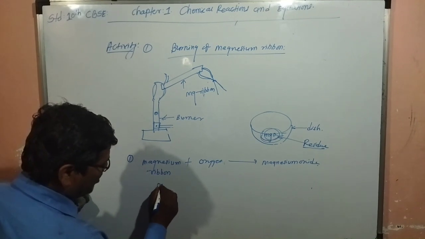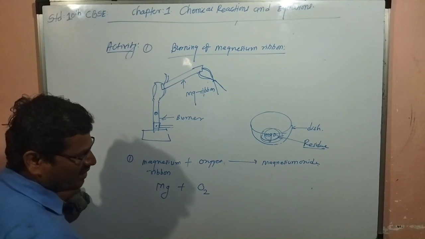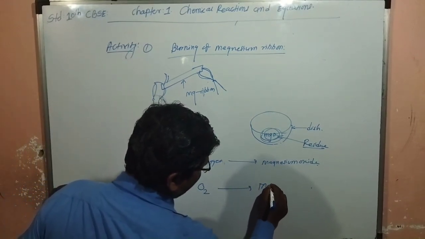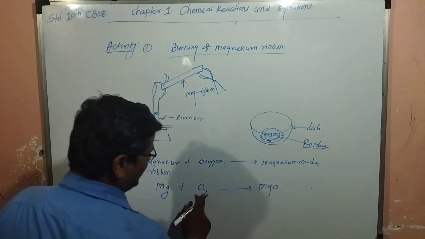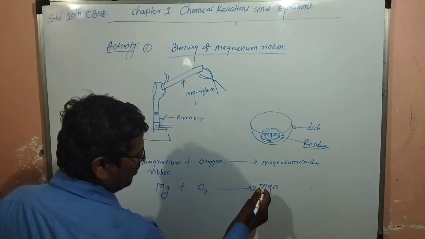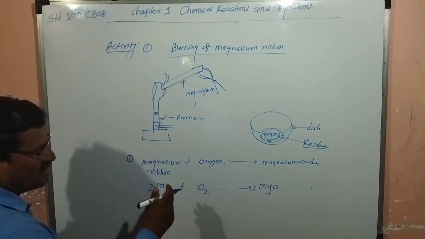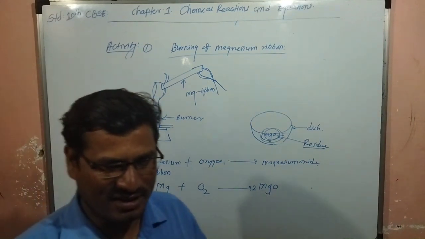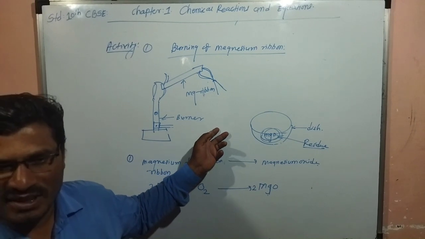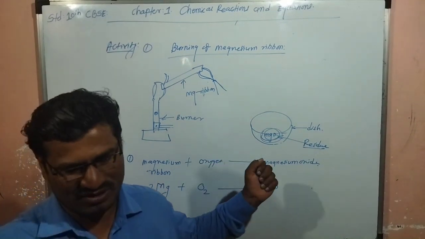For magnesium you write Mg, for the oxygen molecule O2, and it gets converted into MgO. Here 2 oxygens are there, so to make it equal, twice MgO, and so 2 Mg here, twice Mg. This way you write the chemical reaction. In this also a permanent change takes place, a chemical reaction occurs.